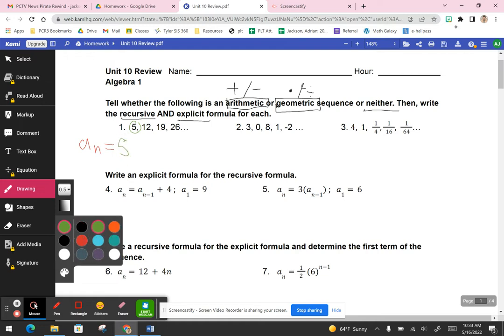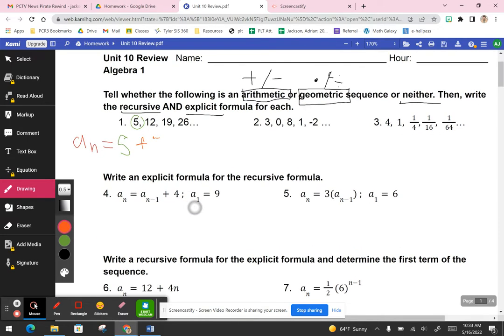So I'm going to put 5. And then it has plus, and then in parentheses, n minus 1. And then d at the end. And d is what you are adding or subtracting by each time. So here, as you can see, to go from 5 to 12, 12 to 19, so on, it is plus 7. So I'm going to put a 7 here.